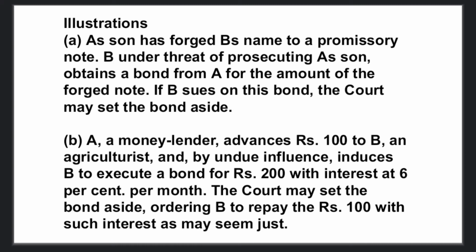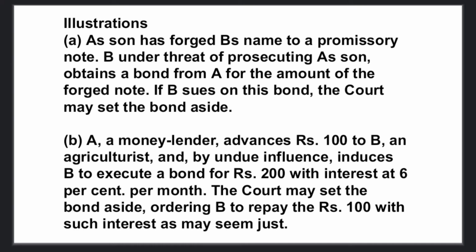Now another example: a money lender advances rupees 100 to B, an agriculturist, and by undue influence induces B to execute a bond for rupees 200 with interest at 6%.